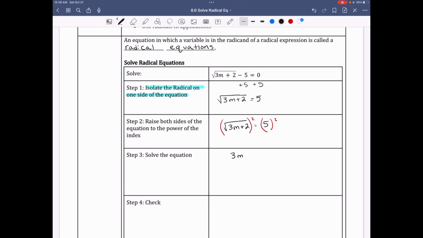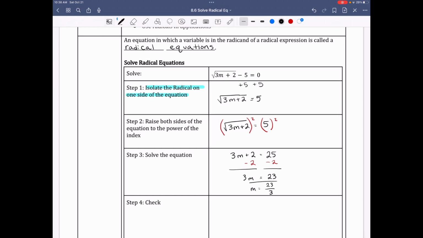The radical goes away because the square cancels it, and then 5 squared is 25. Now we just have to solve this. Subtract 2 from both sides. And we get 23 is equal to 3m. And then we divide by 3, so we get m equals 23 thirds.